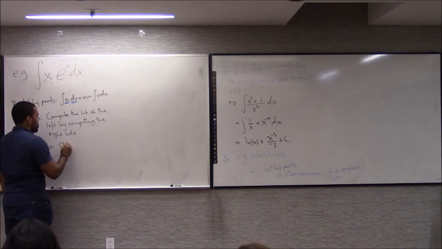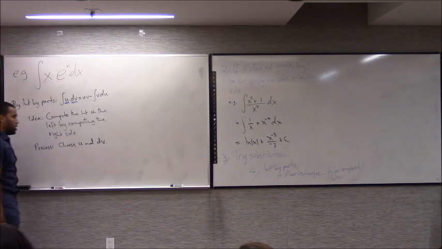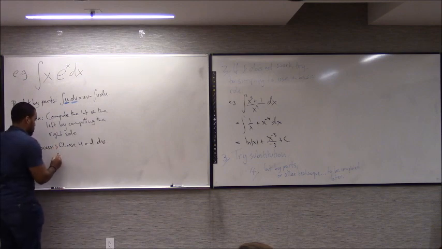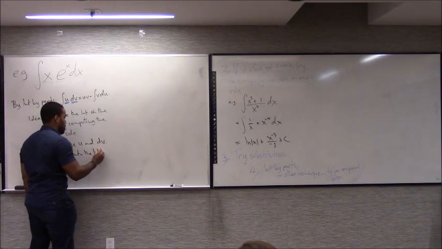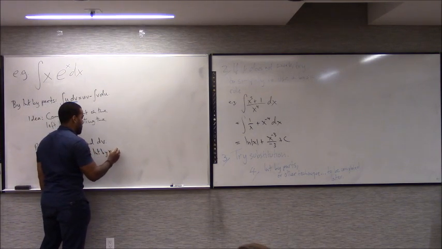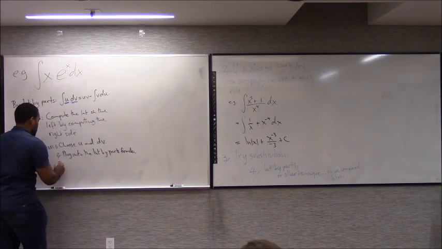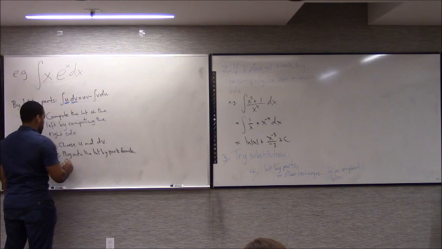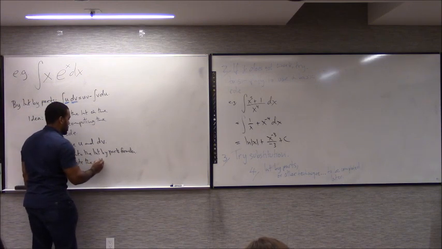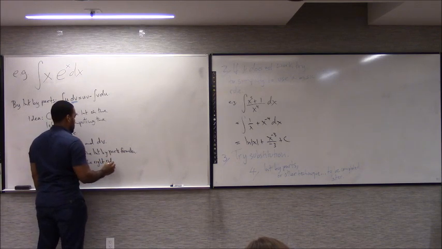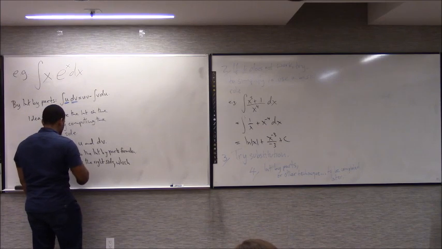So you are going to, one, choose your u and your dv; two, plug into the formula; and three, compute the right side, which hopefully becomes easier.